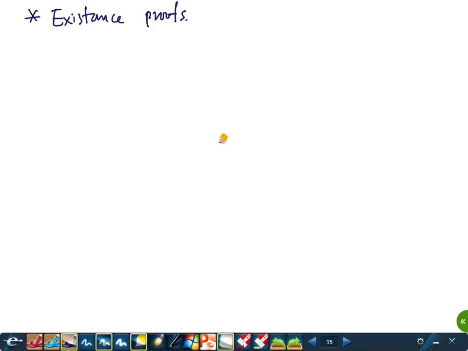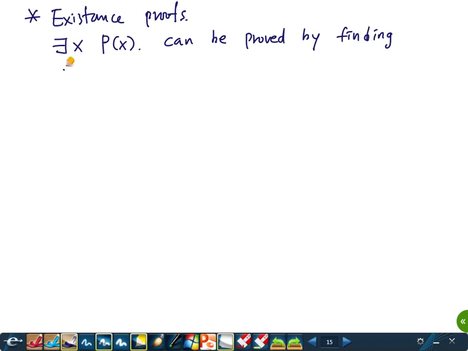But we can have a statement like this: there exists x, p of x. We can have a statement like this. And this can be proved by finding an example of x such that p of x is true.